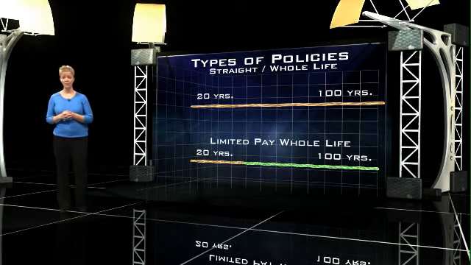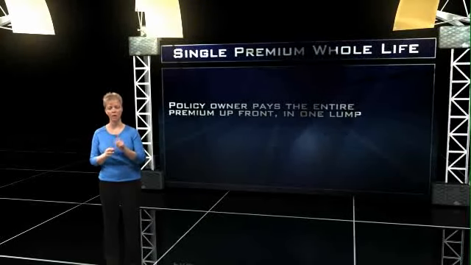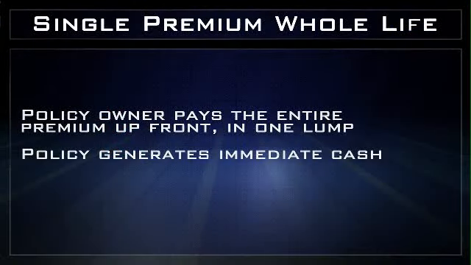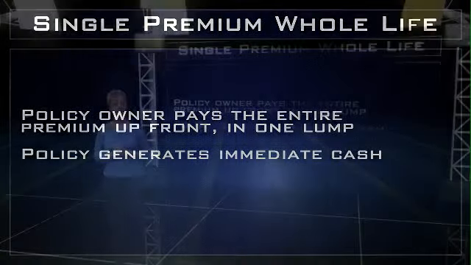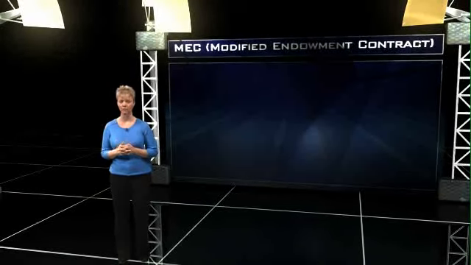The next type of policy is actually a single premium, and exactly like it sounds, you pay one single lump sum premium, and that policy stays in force, and the coverage is in effect until the client is 100 years old. The next type of policy is called a modified endowment contract, or MEC for short.